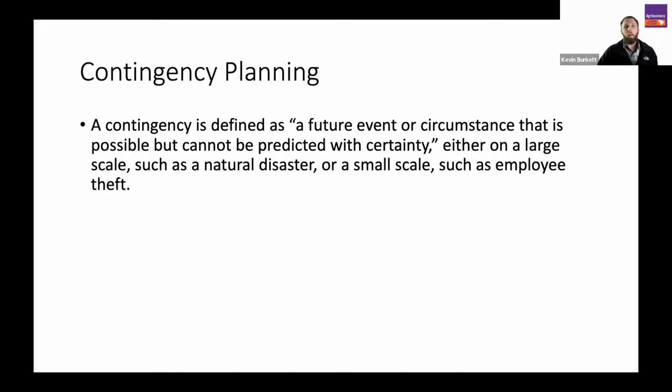When we talk about contingency planning, contingency is defined as a future event or circumstance that is possible but could not be predicted with certainty. This could be some kind of major event, such as a natural disaster. Certainly weather is hard to predict until a very short time frame before it happens.